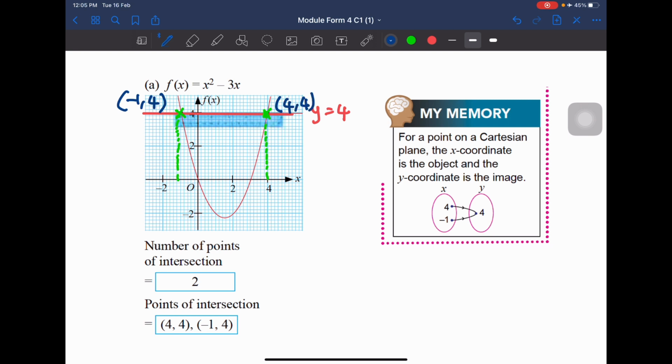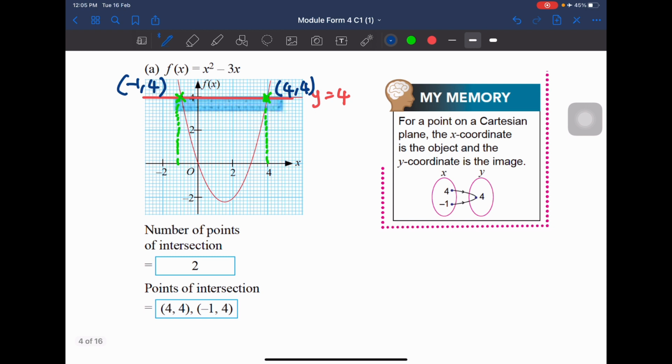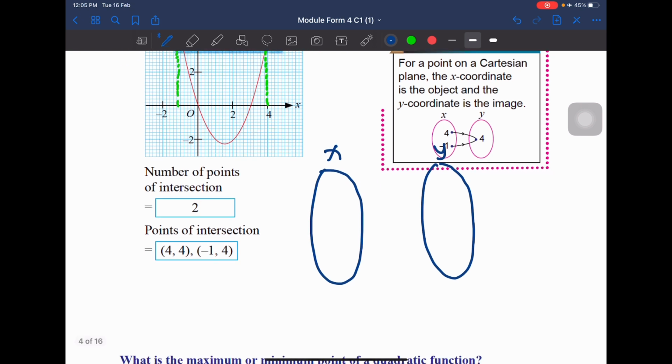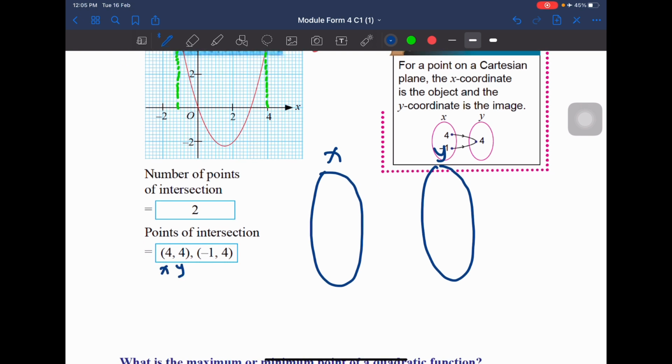Tengok sini. So contohlah saya lukis dalam bentuk graf ni, dalam bentuk function. So saya ada x dan saya ada y. Sekarang tengok koordinat xy. So x saya ada 4 dan negatif 1, y pula saya ada 4.